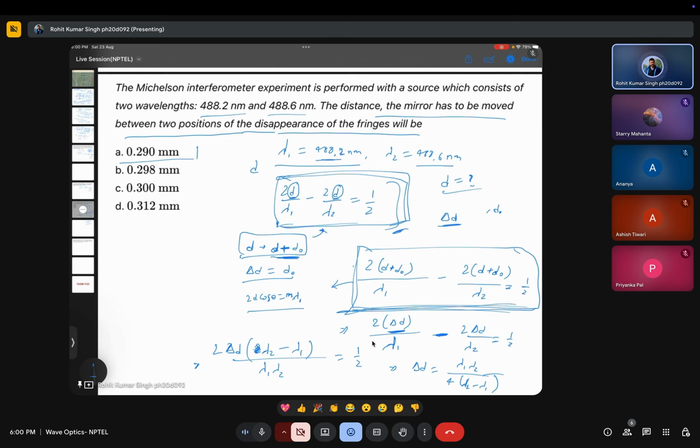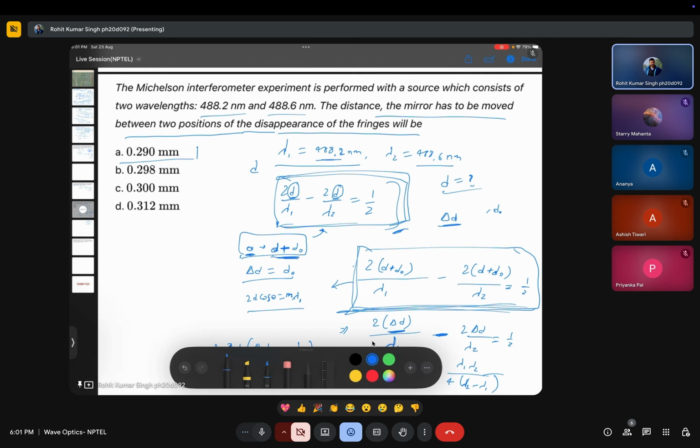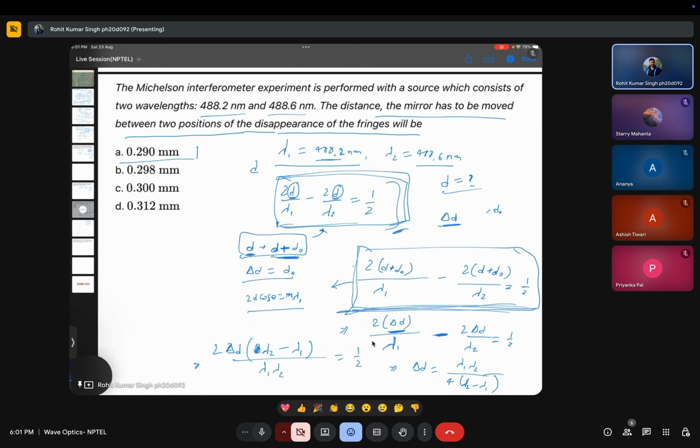And earlier, suppose we had d distance, we move to d plus d naught distance. At d distance, we don't know that. Actually, it is very misleading. So suppose earlier we had d1 distance, where the fringes were clearly visible.